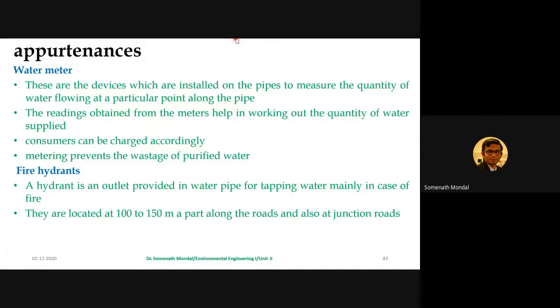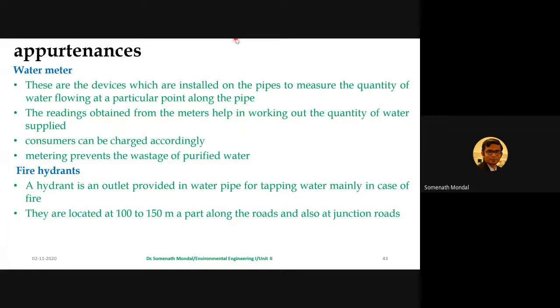Now the next part is basically fire hydrants. So we are going to talk about fire hydrants. First let us try to understand what a fire hydrant is. Basically a fire hydrant is an outlet provided in the water pipe for tapping water, mainly in case of a fire accident.